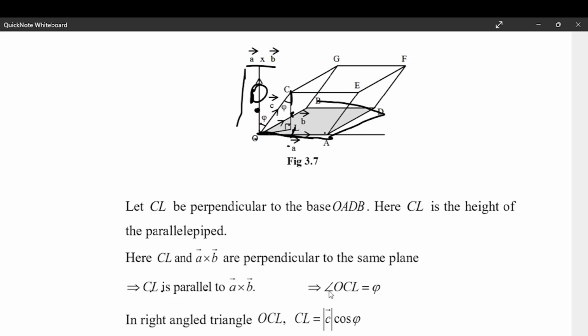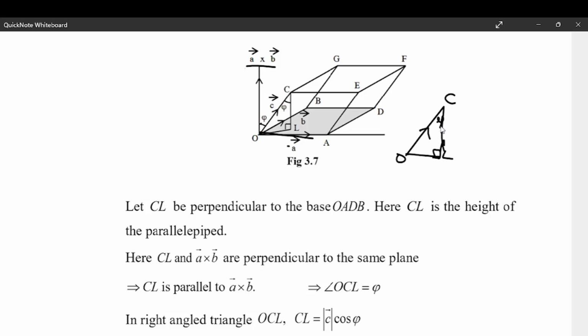We are also seeing that angle OCL, the angle at C, is also represented as phi in a right angle triangle OCL. So now let's check it again for a better understanding. We have our OCL here. Now let me remove OCL for clarity purpose.